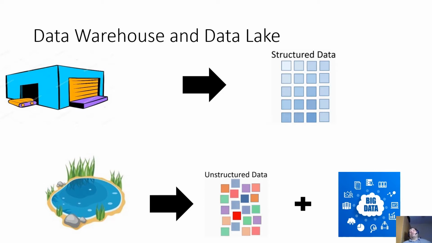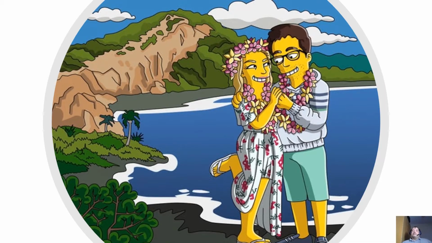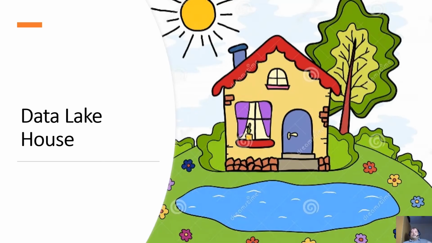So we have on one side the data warehouse dealing with structured data and the data lake dealing with unstructured data. What happened next? They got engaged and decided to marry. So they married, had a honeymoon, and the result is that we got the data lakehouse.